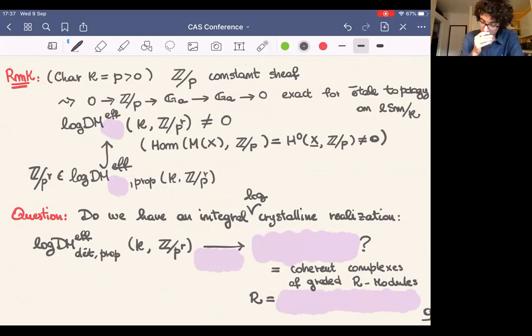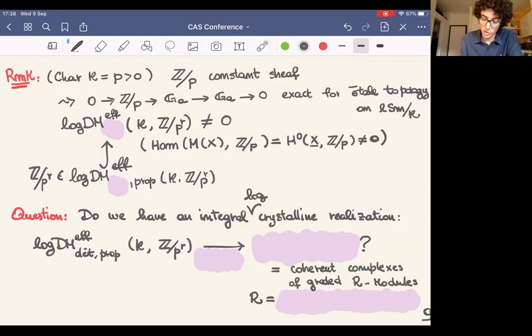That's actually a much better situation, because if you take Z mod p coefficients, then the usual Artin-Schreier sequence is actually exact for the étale topology, or the strict étale topology, on log smooth over K. So there's no funny thing happening here. We don't need to go to the Kummer étale site to get something exact.